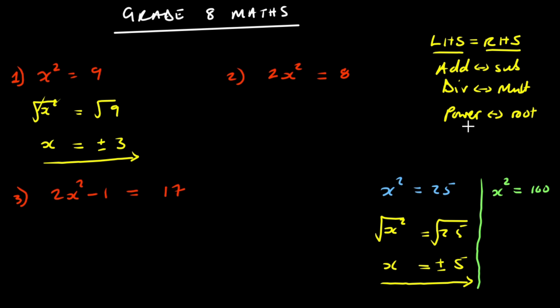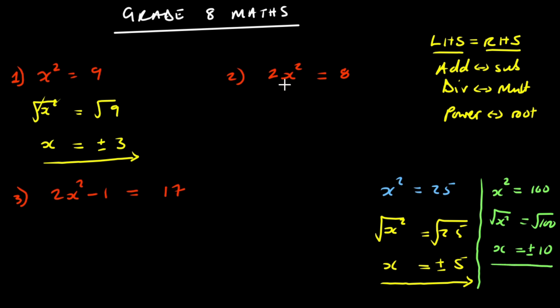This is x squared, so we need a square root to remove this. So that's square root of x squared is equal to square root of 100. Because if I put the square root to the left-hand side, I'm supposed to put it also to the right-hand side. So this will become x is equal to plus or minus 10.